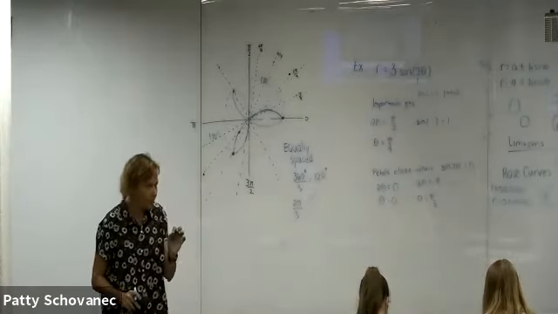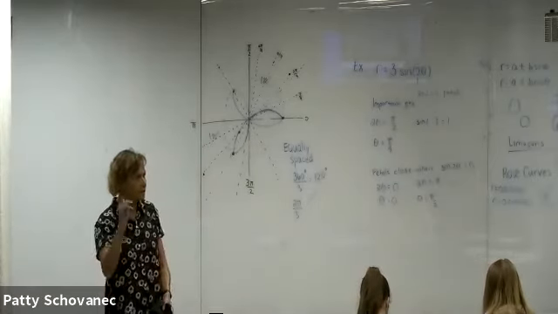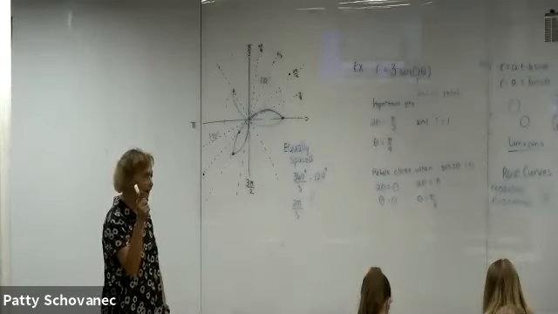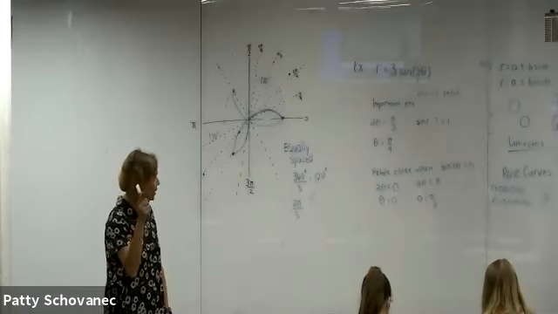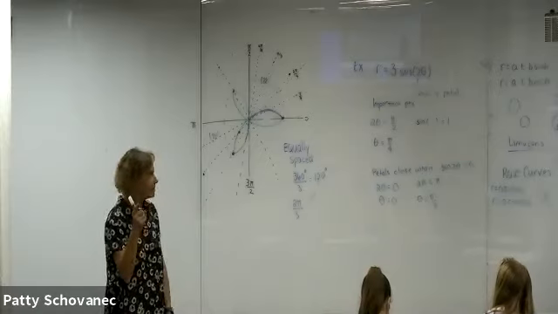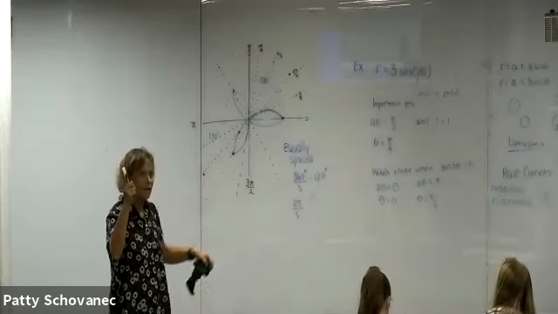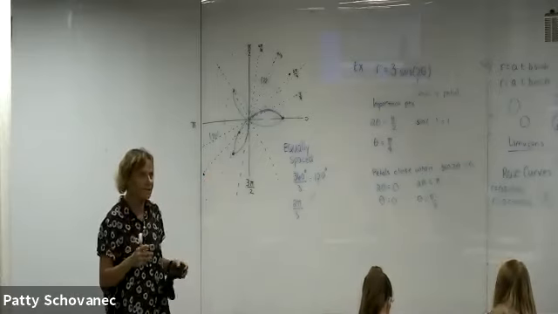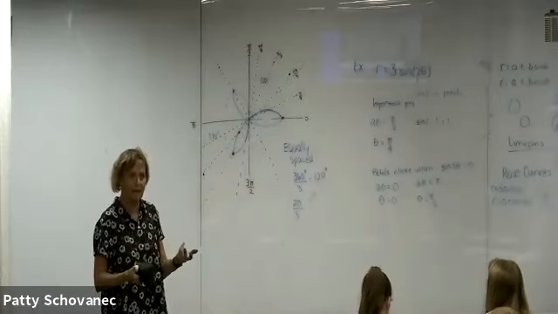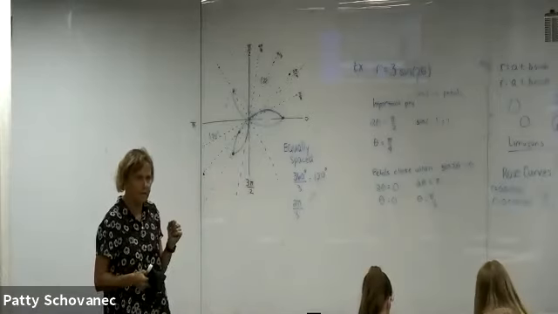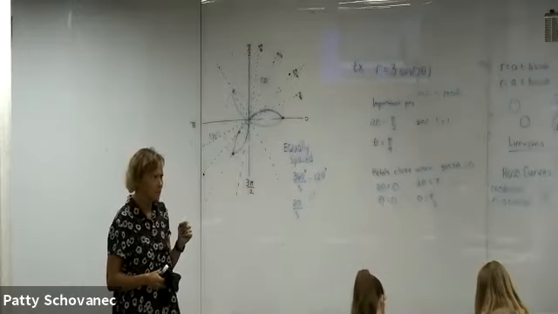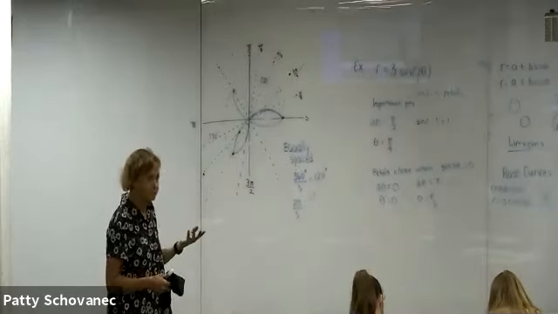So if we're going to have 4 petals and the first tip occurs when theta is pi fourths and closes at 0 and pi halves, doesn't that mean that your first petal is smack dab along the line y is equal to x? And then your second petal, let's figure it out.